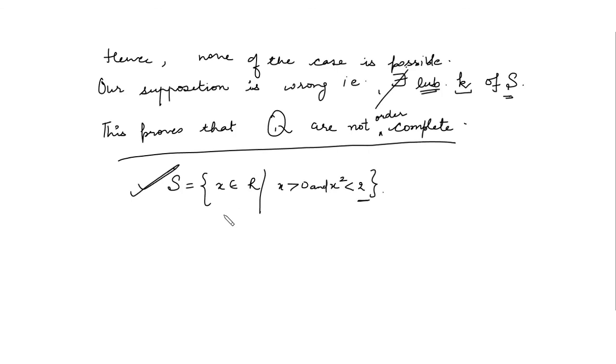And it is non-empty because 1 belongs to this set S. So there exists a least upper bound which is a real number. There always exists a least upper bound in R. Here the least upper bound is square root of 2, and clearly that is a real number.